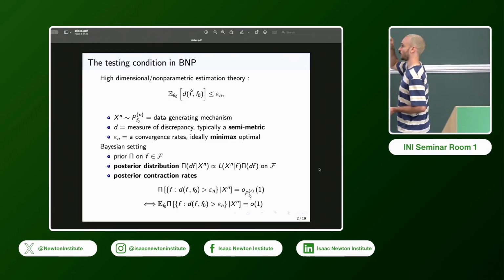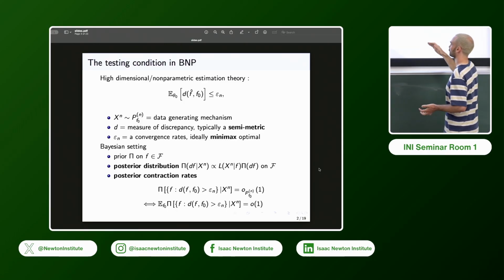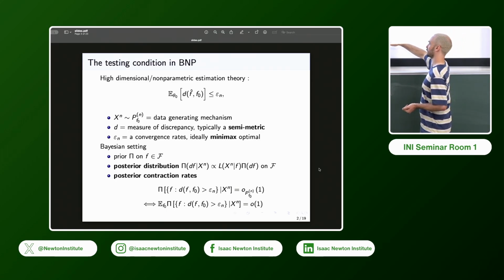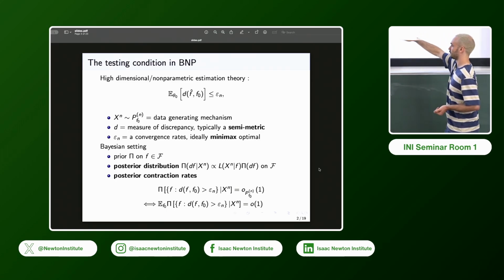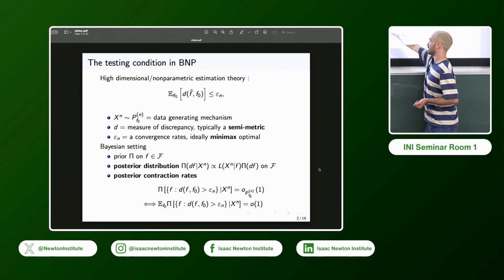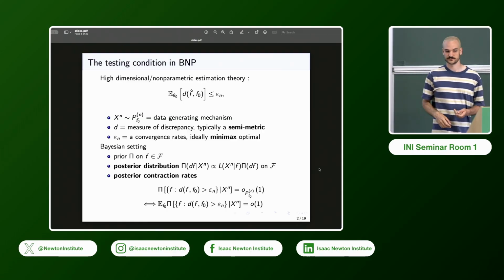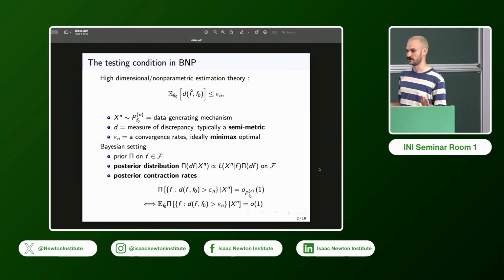So that's why we formulate this contraction rate for the Bayesian posterior distribution as the fact that the posterior probability of the complement of the epsilon ball is going to 0 according to the data generating distribution, which is the frequentist object. Just to clarify the framework.